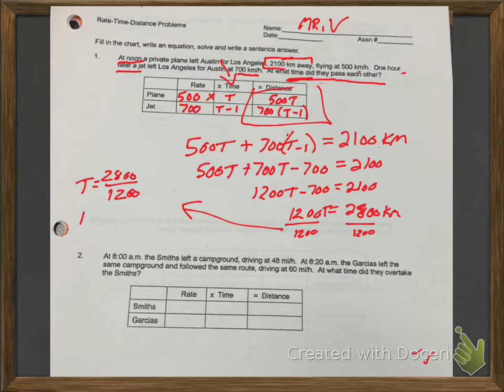The biggest number I can think of that goes into both is 100, so that's 28 over 12. I can still reduce that by 2, so that's 14 over 6. There's an even bigger number that can go into that, so that'd be 7 over 3.